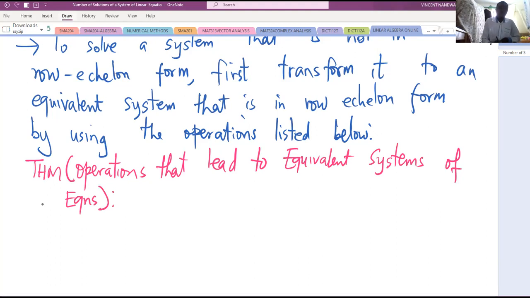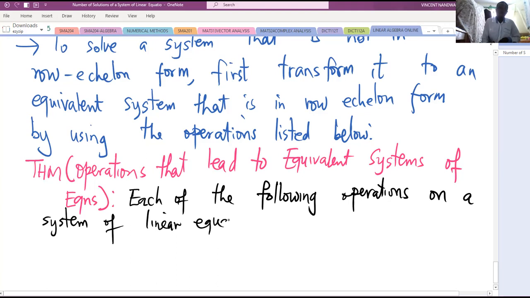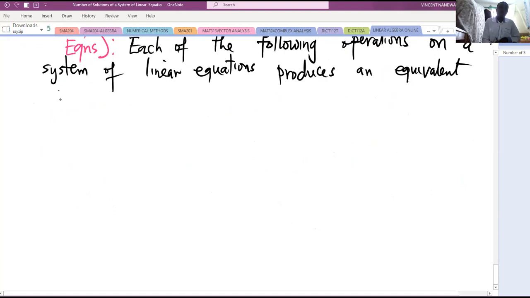Each of the following operations on a system of linear equations produces an equivalent system.